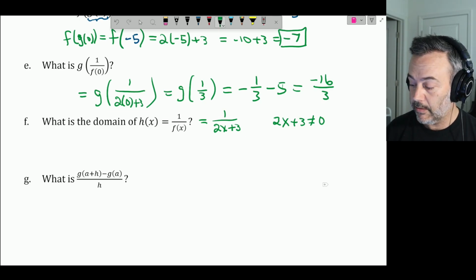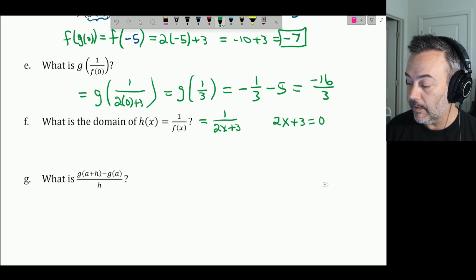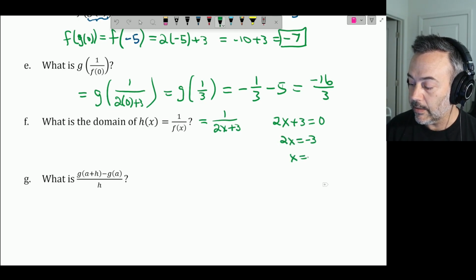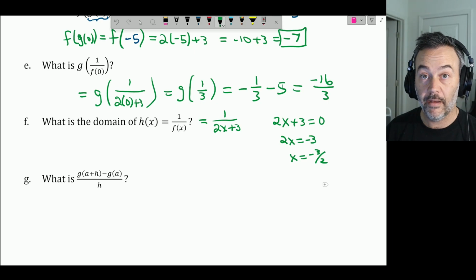It's undefined. But let's take a moment and put an equals here, and solve for what value gives you that problem. 2x equals negative 3, x equals negative 3 halves. So the domain is all real numbers except negative 3 halves. If you just wrote out the sentence I just wrote in English, I'd take it.